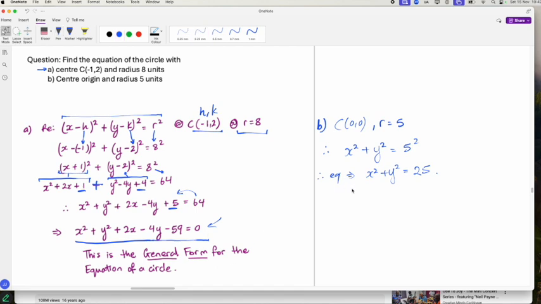Because you notice this form here doesn't have any 2x minus 4y, right? So imagine you exclude this 2x minus 4y. You have here the equation of a circle about the origin. So the equation of a circle about the origin is just this. They have no x and y values.